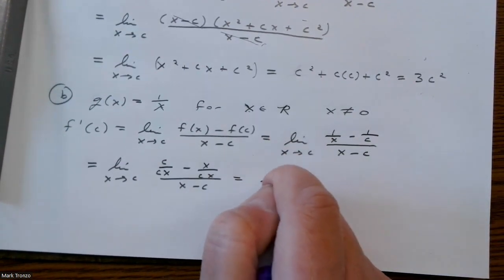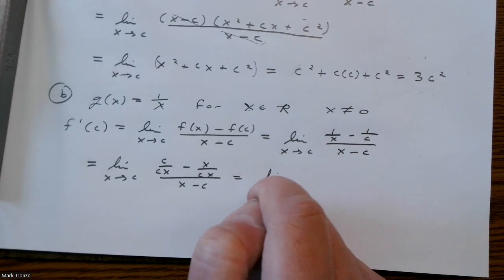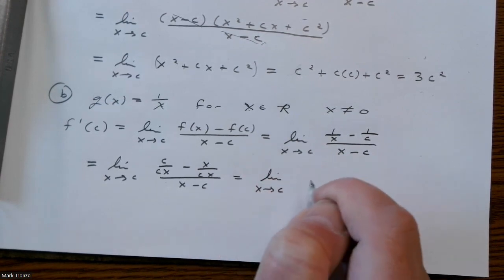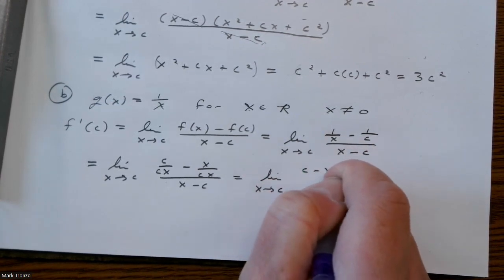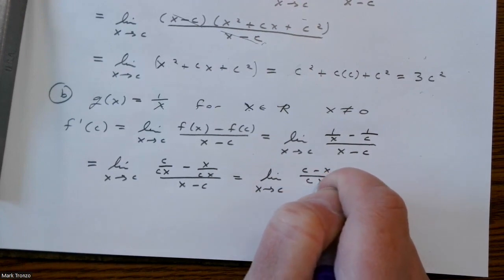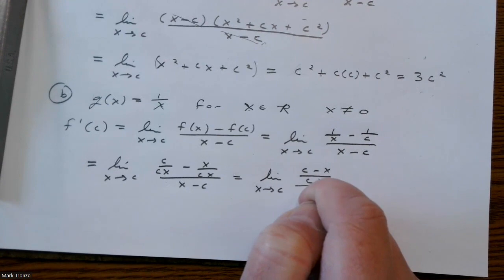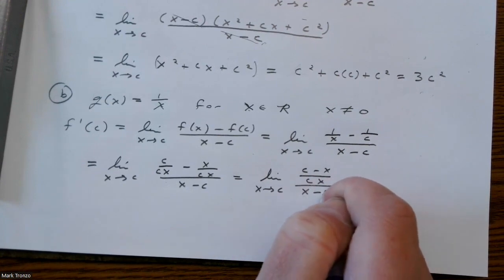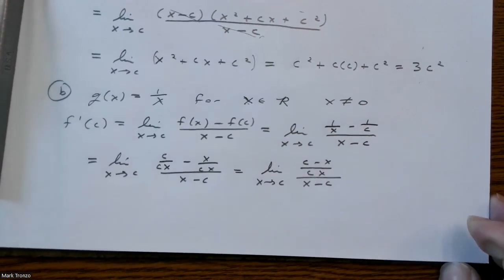And then we can say the limit as x approaches c of c minus x over cx, x minus c, like this.